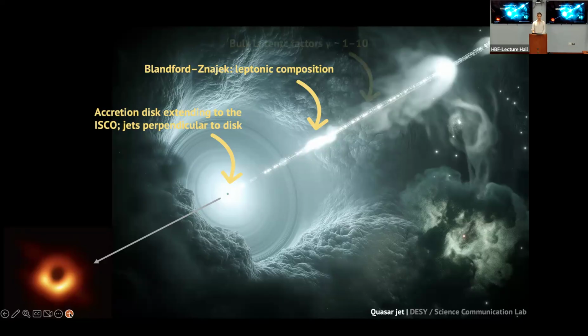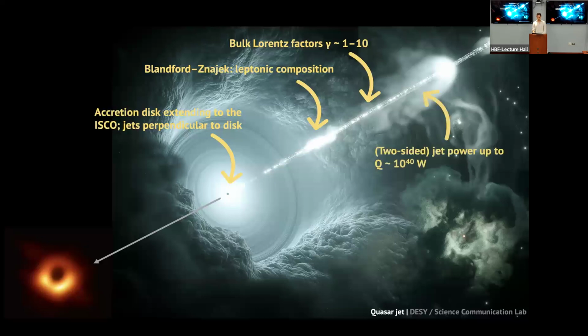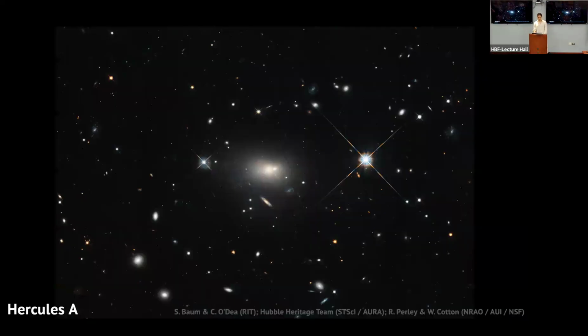But in principle, they would be generated as pure electron-positron jets. The bulk Lorentz factor of the jets is maybe 10. The jet powers can be really high, up to 10 to the 40 watts or so for powerful quasars. You have this synchrotron self-absorption, especially near the actual AGN.